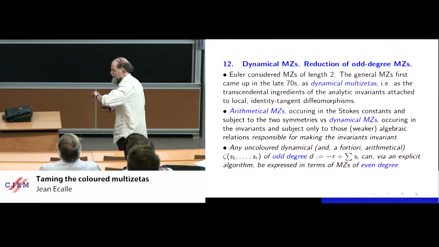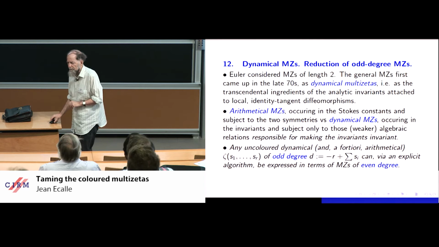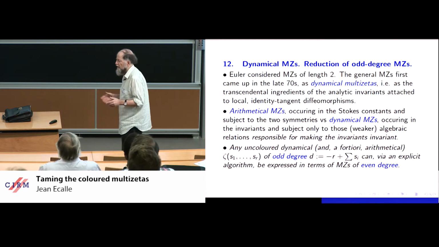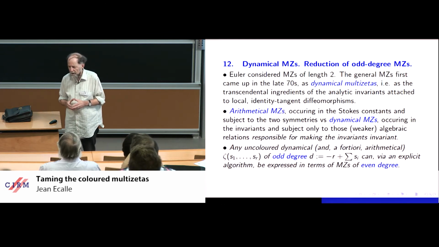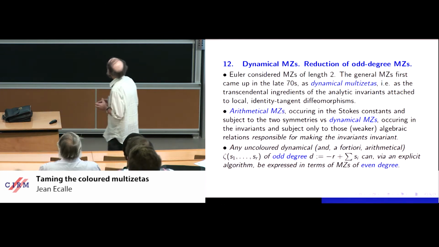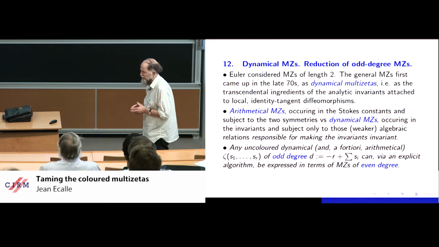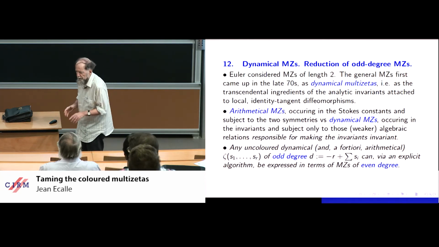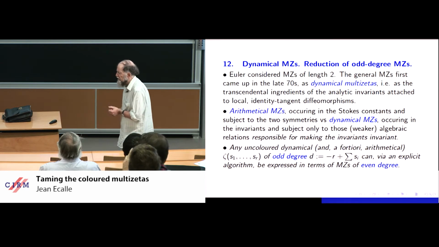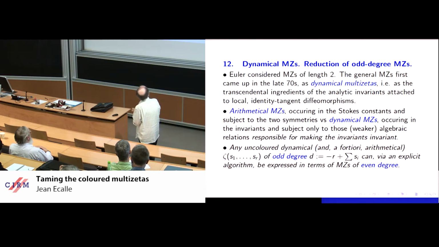So let us very quickly, because I want to save time for the new things, list some of the results that were obtained in this way. Well, Euler considered multizetas of length 2, but they are very special and not typical. The reduction into irreducibles is absolutely elementary. The real multizetas appeared in the late 70s, but they are special multizetas.